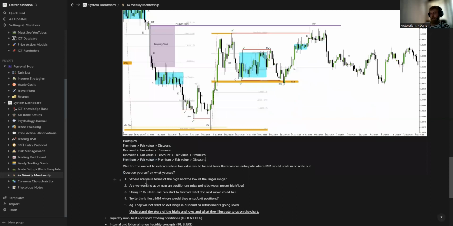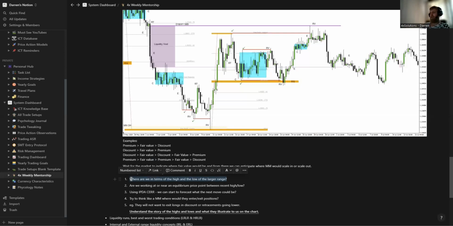So some sort of things we can question ourselves on, what's really happening in the marketplace, and this is something we should all do to learn and get better at this, is that where are we in terms of the high and the low of the larger range? Okay, because once we can identify based on a larger range where we are, then we can say, well, if we're doing a fair valuation here, are we in a discount or are we in a premium?